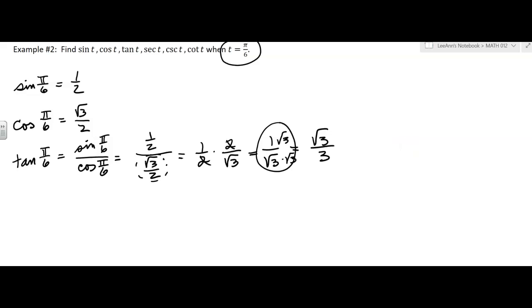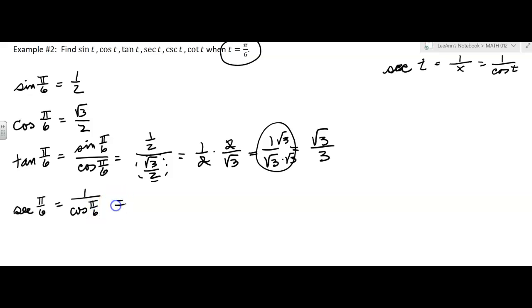Now they want the secant. Well, secant, that says SEC, of an angle is equal to 1 over x. But that's the same thing as 1 over the cosine of t. So we can use that as well. So secant pi over 6 is going to equal 1 over the cosine of pi over 6.